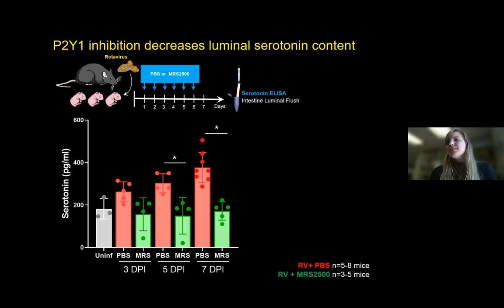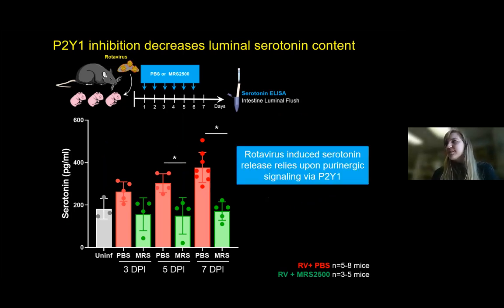We also see a similar thing occurring at day 7 post-infection, which suggests that this purinergic signaling plays an important role through P2Y1 for the release of serotonin during rotavirus infection.